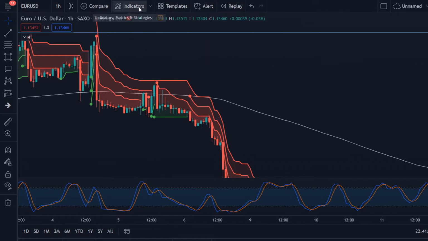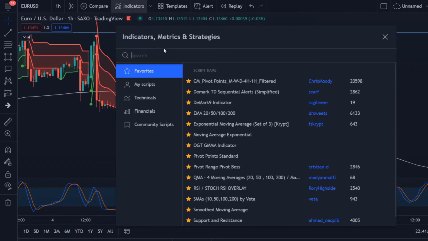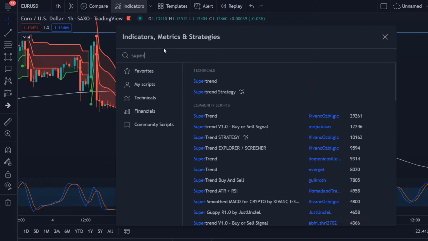So we head over to indicators, and first of all we are looking for supertrend. You can use this indicator, but personally I'm using this one by Ozbilic, and you click 3 times on this indicator.